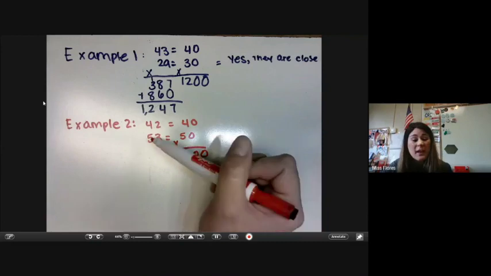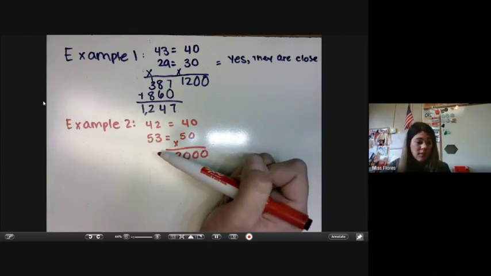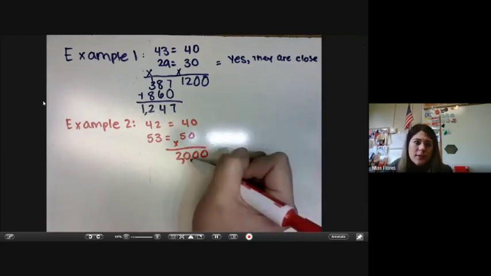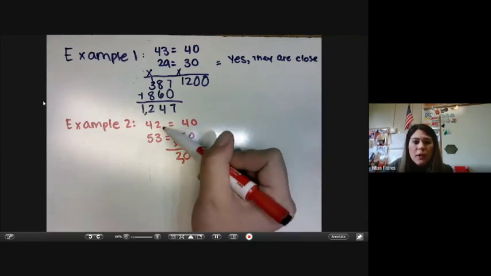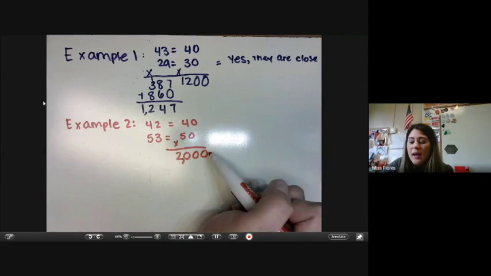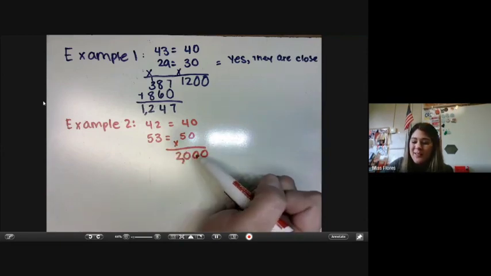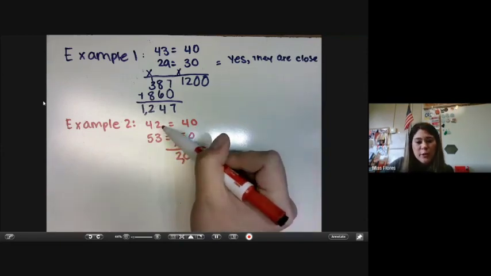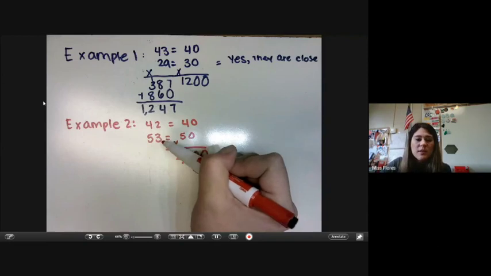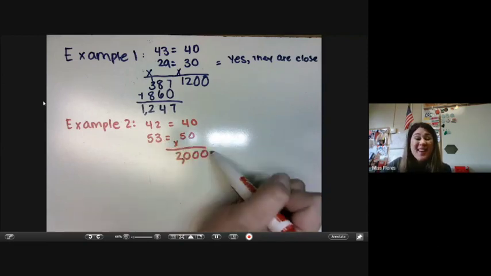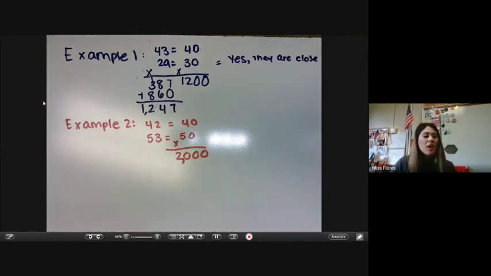So maybe you might have to add a few chairs, right? Because if they need 2,000 seats, since it was lower than what they actually need, they're going to be okay because we took off 2 over here and 3. So that means there is going to be enough seats for 2,000 tickets. Okay. All right.